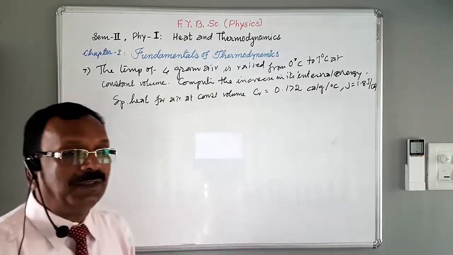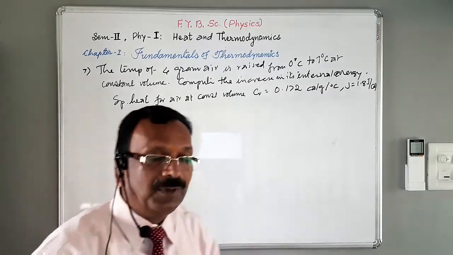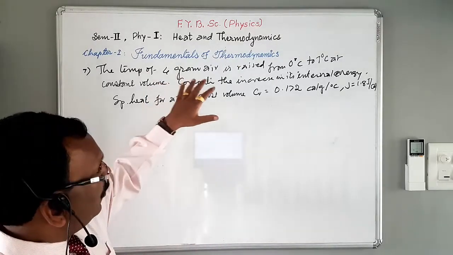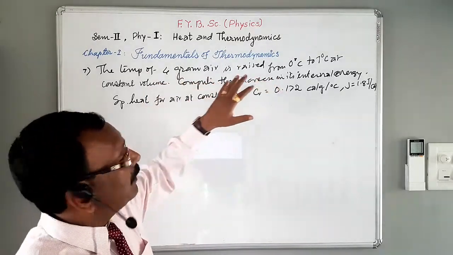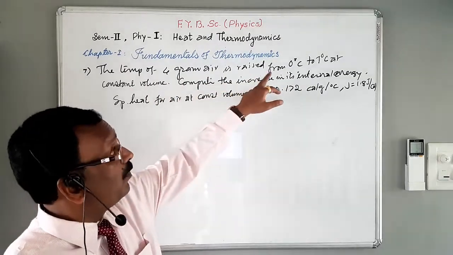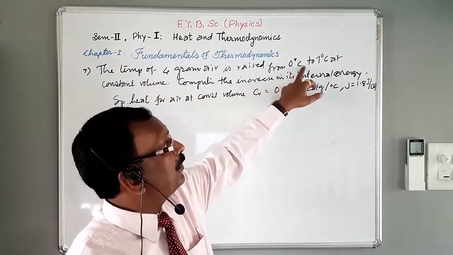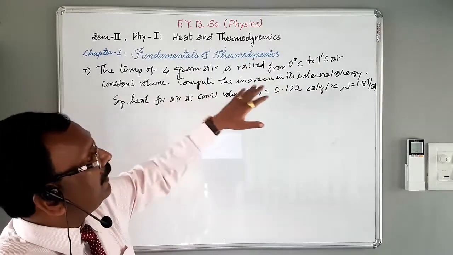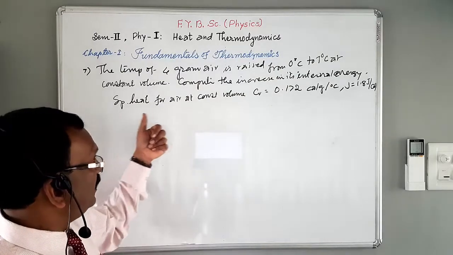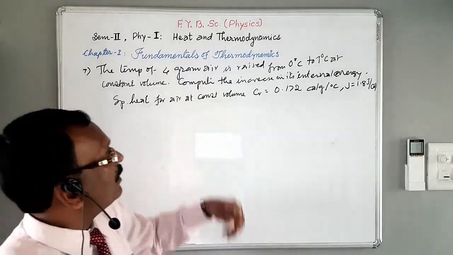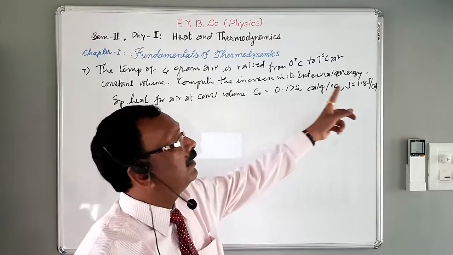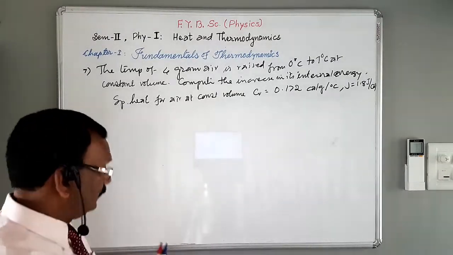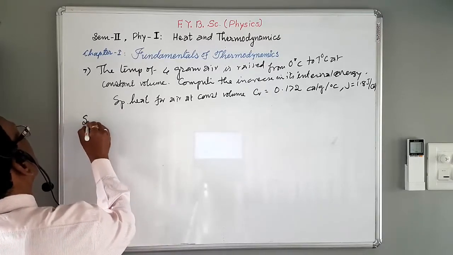These two things are given. So read the problem carefully and collect the data. Specific heat of air at constant volume is given, and the mechanical equivalent of heat is also given. So, solution.